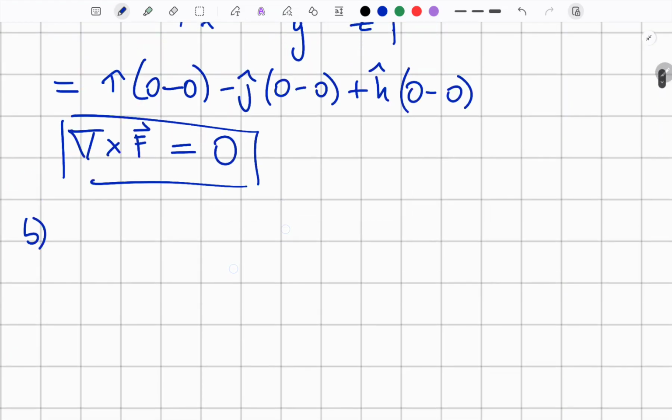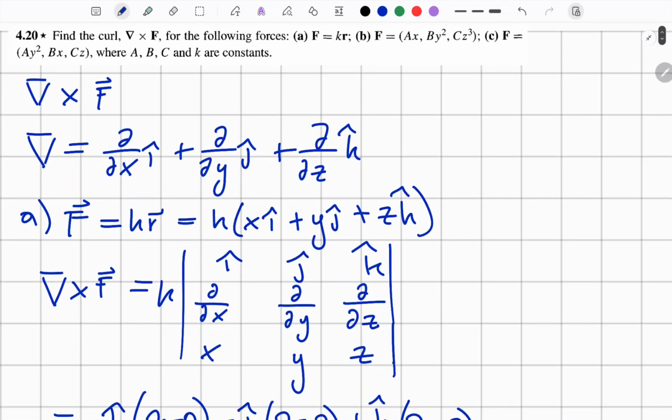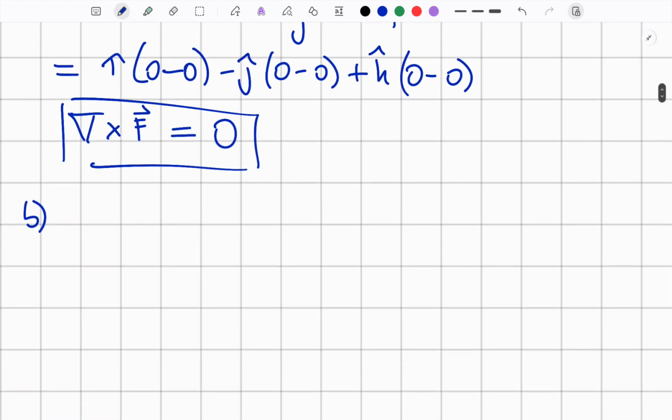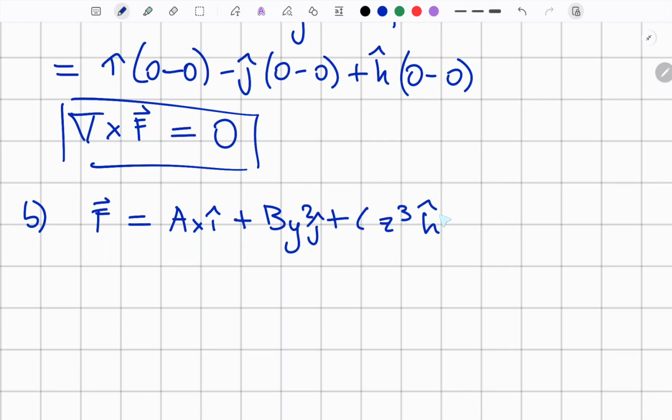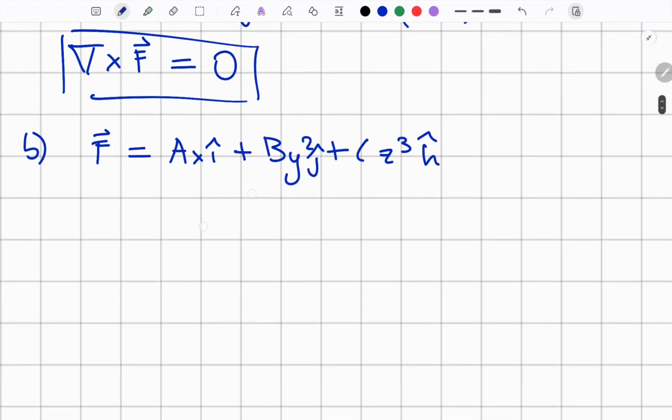So for part B, we're going to be given a different force. Our force is ax i plus by squared j plus cz cubed k. So don't forget it. There we go.